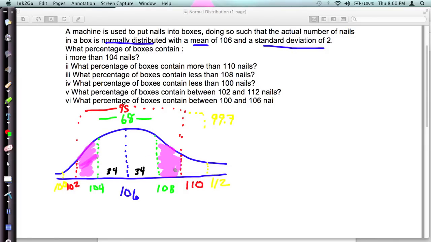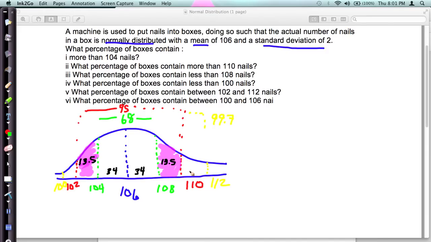first thing you have to do is subtract 68 from 95, and then you would divide that amount by 2 to figure out what each one of these pieces are, and that is 13.5. So 95 minus 68, and then divide that amount by 2, and you get each part.